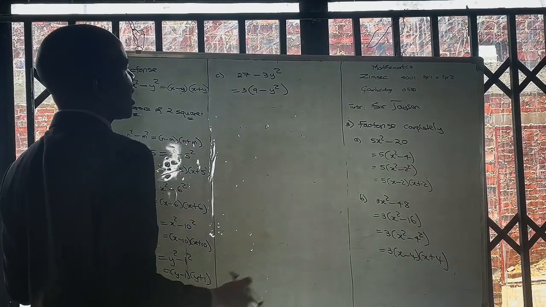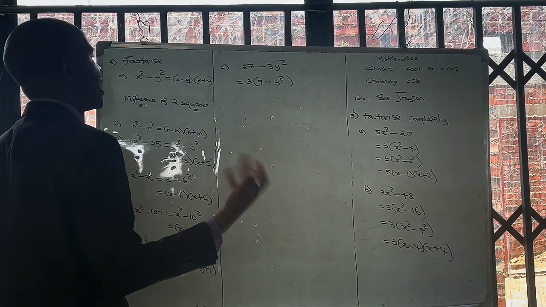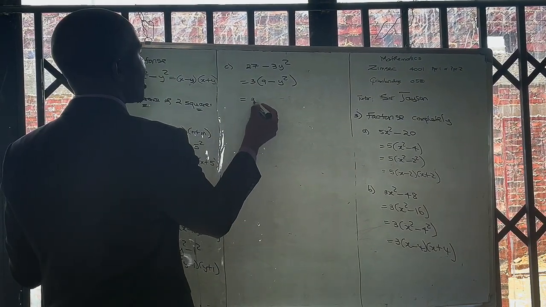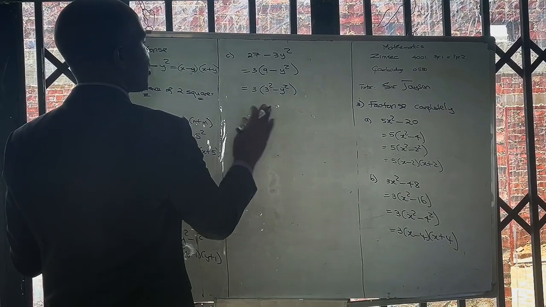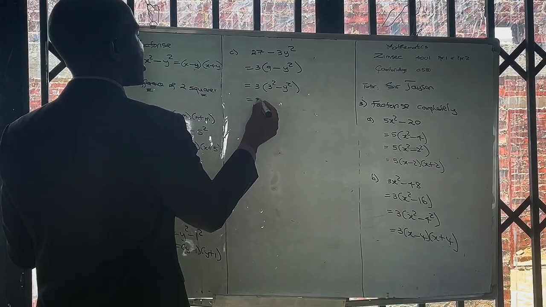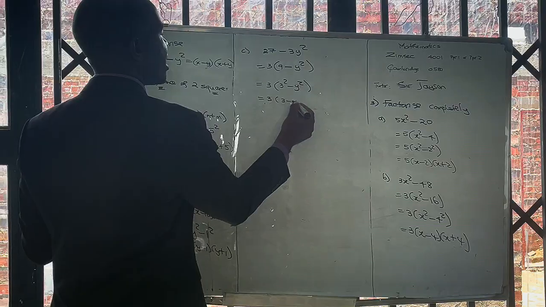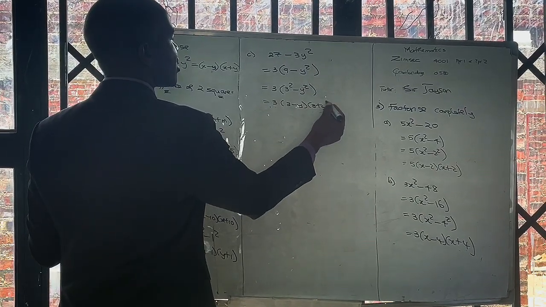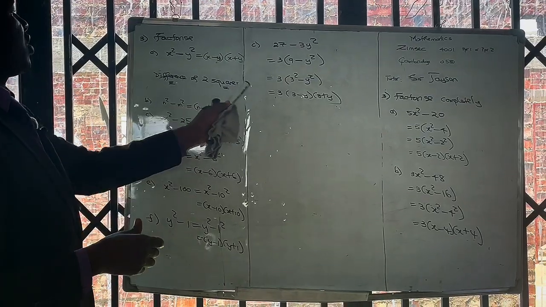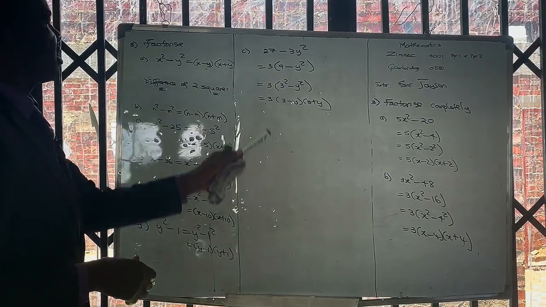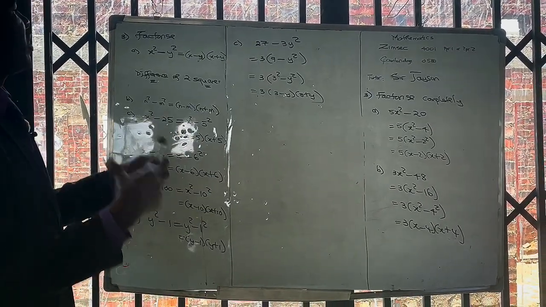We remain with y squared. That's 3 times (9 minus y squared), which becomes 3 times (3 squared minus y squared), which becomes 3 times (3 minus y)(3 plus y). So 3 squared... 3 minus y, 3 plus y.